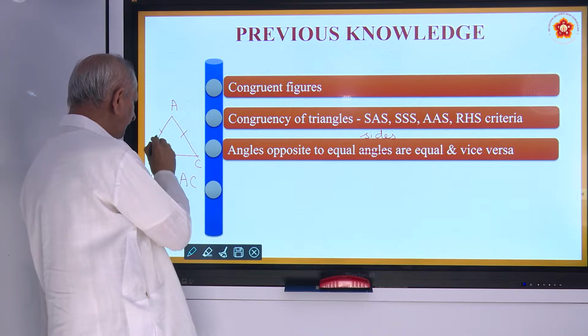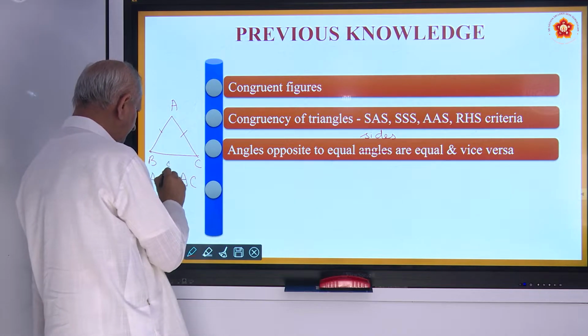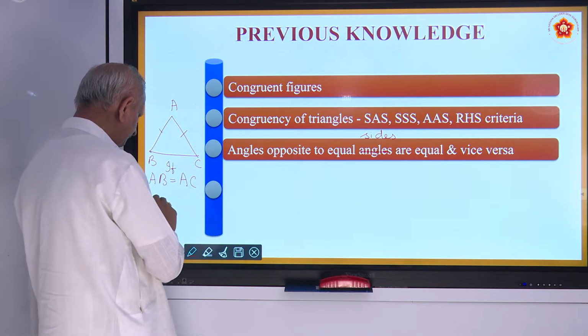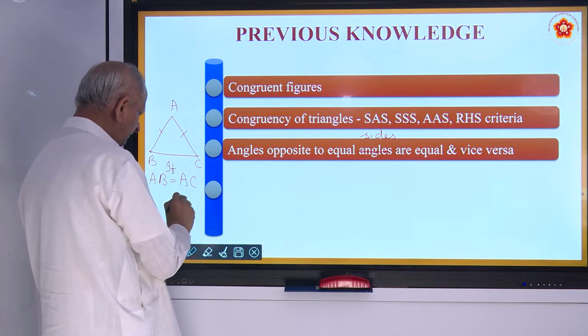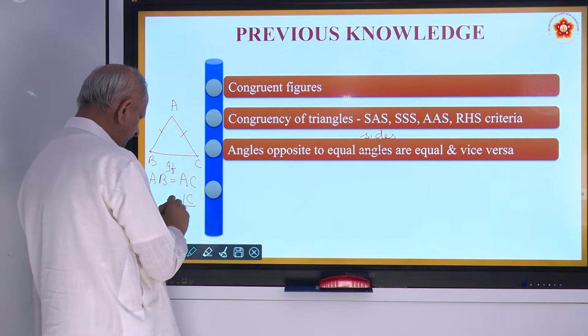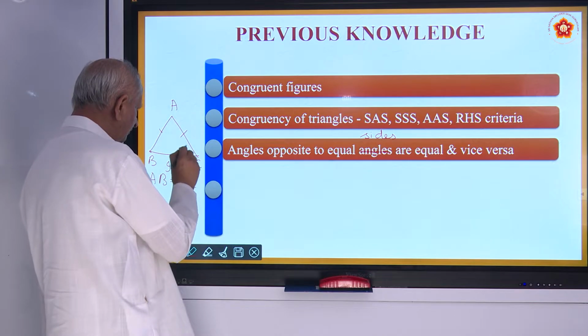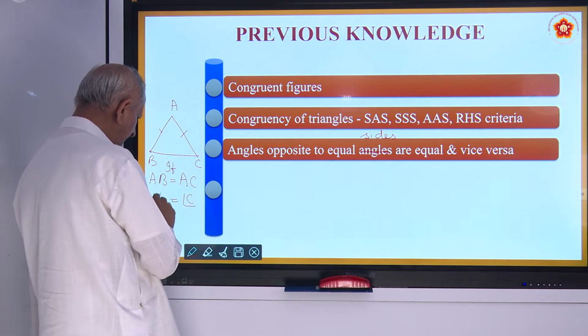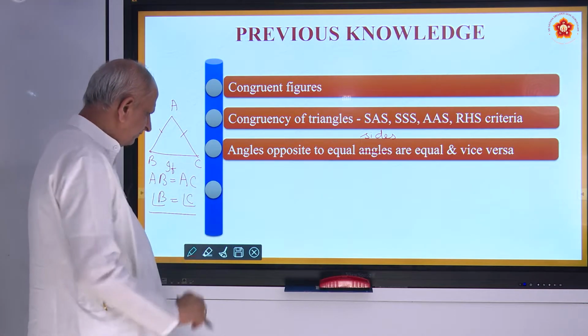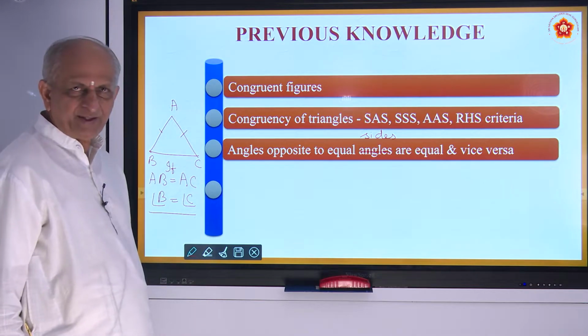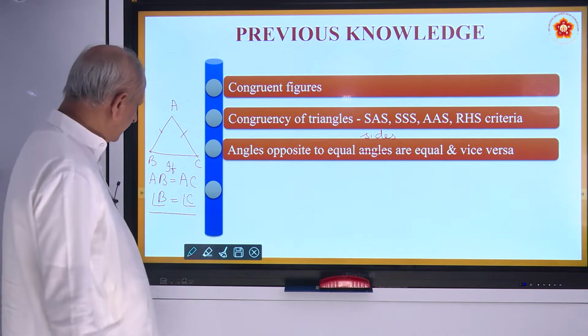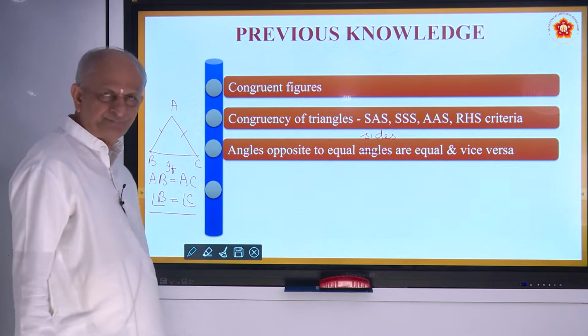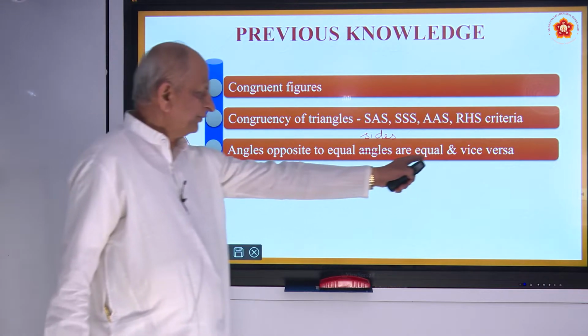So if AB is equal to AC, then what do you have? Angle opposite to AB, that is angle C. Angle opposite to AC, that is angle B. So this is the theorem you have studied. If AB is equal to AC, then angle B is equal to angle C, or vice versa.